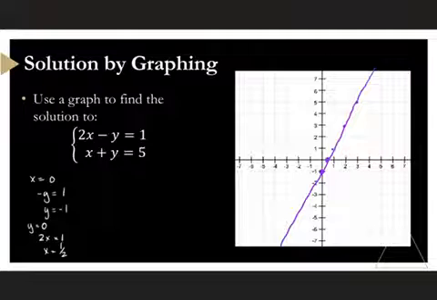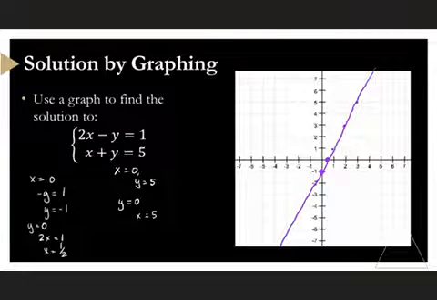Okay, x plus y equals 5. Again, I can use my intercepts. So if x is 0, then y equals 5. And if y is 0, then x equals 5. And so I have the points 0, 5 and 5, 0.